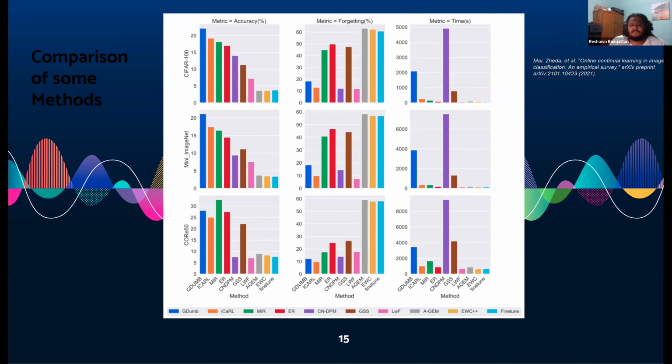Also, just to clarify something that confused me a bit when I first started reading about this stuff: if you compare the results of this to the state-of-the-art models in a normal offline deep learning setting, they're miles off, right? We're getting like 20-something to 30-something here, but EfficientNet gets like 90 plus on CIFAR-100.